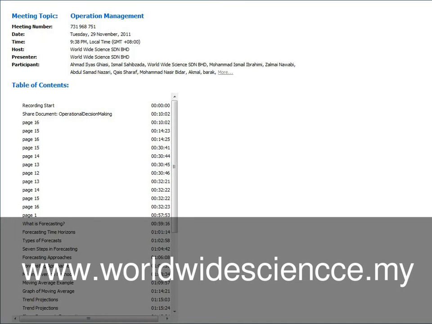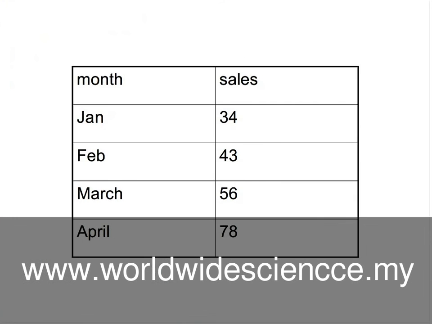Now you need to make the new column. X is months, and Y is sales. You should allocate a number to months.